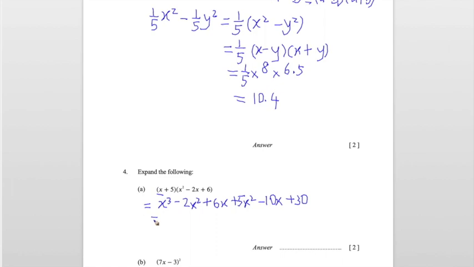Then we collect the like terms and put it in the order of the power. X cubed plus, we have negative 2x squared plus 5x squared is 3x squared, and 6x minus 10x is minus 4x, and finally plus 30.